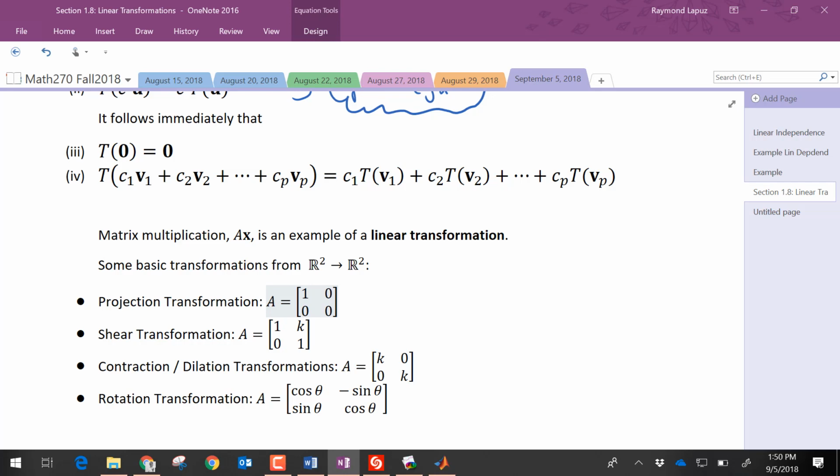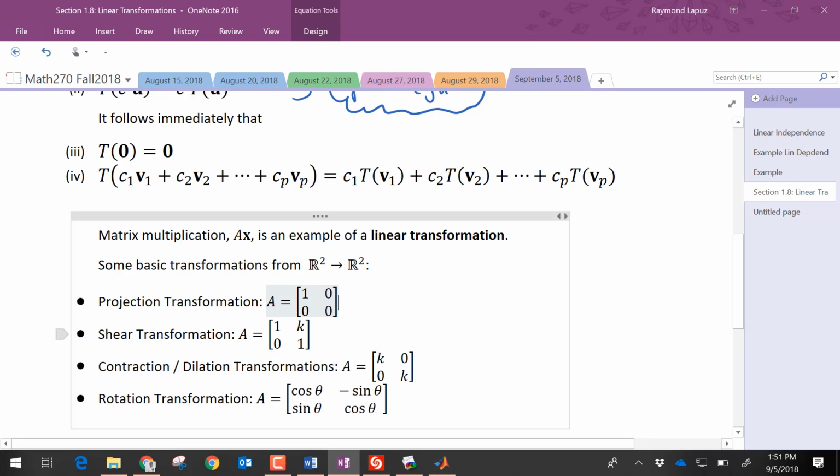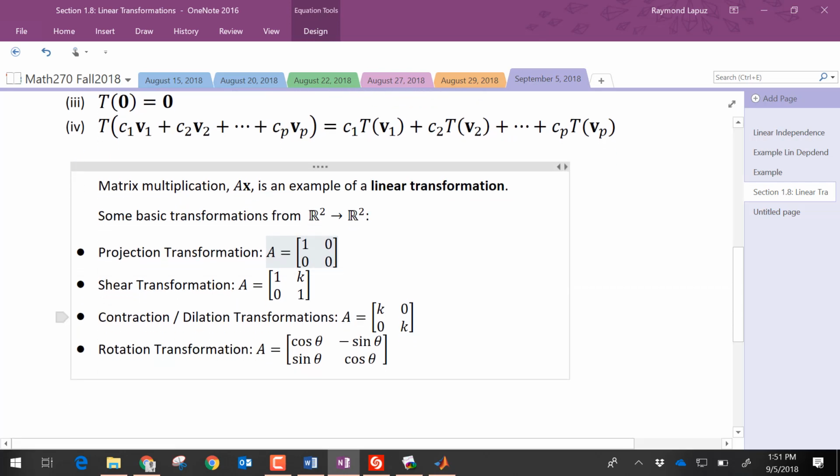Some basic transformations: a projection transformation is an example, which takes a matrix A and then projects onto something. A shear transformation is a matrix with 1, K, 0, 1. Contraction or dilation takes K, 0, 0, K, and then there's a rotation transformation.